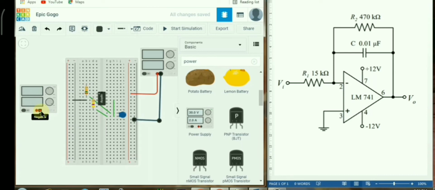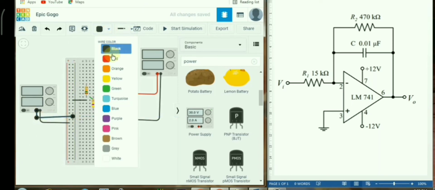For negative power supply, the negative terminal must be connected to the pin number 4 and the positive of the power supply is required to connect at the ground terminal. See here, the positive of the power supply is connected to the common ground.